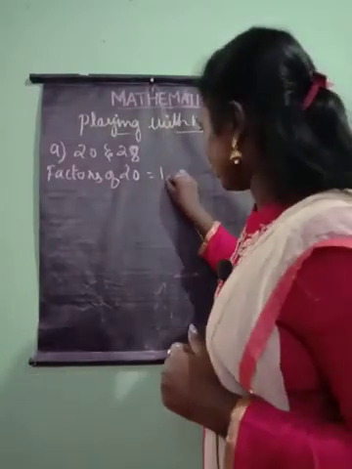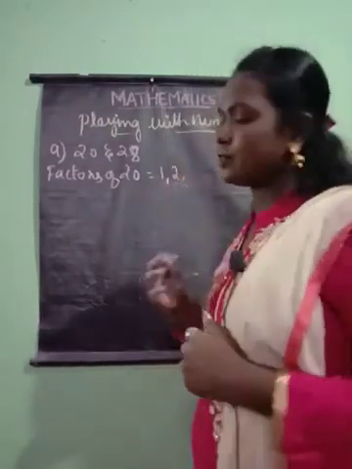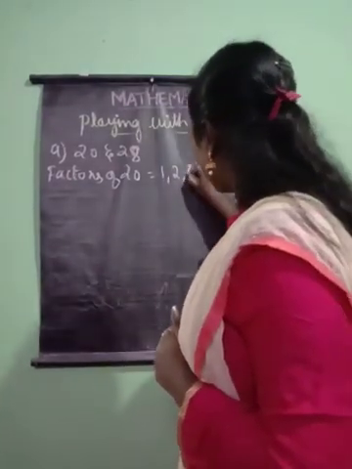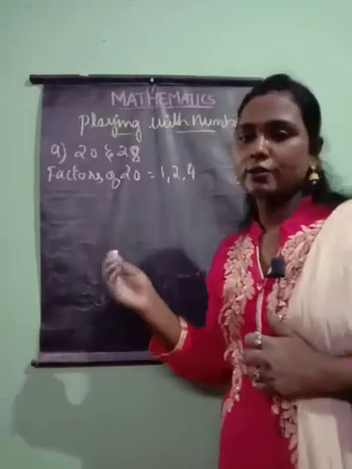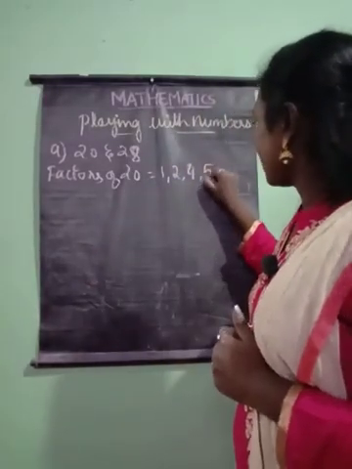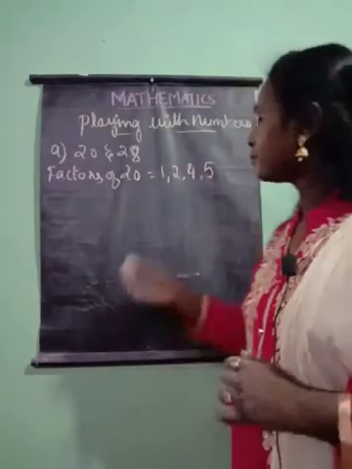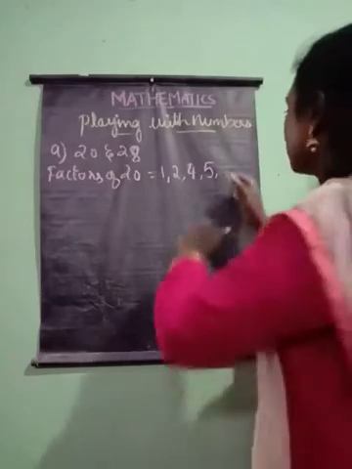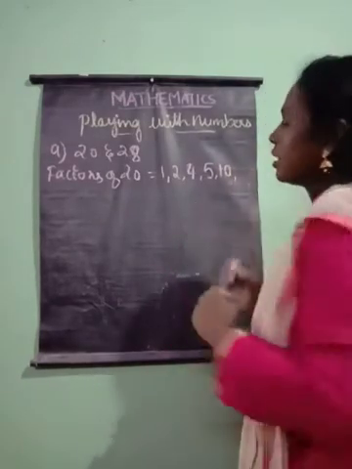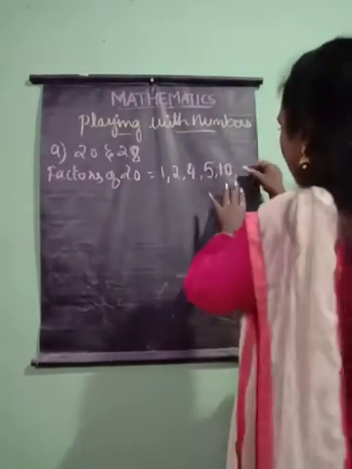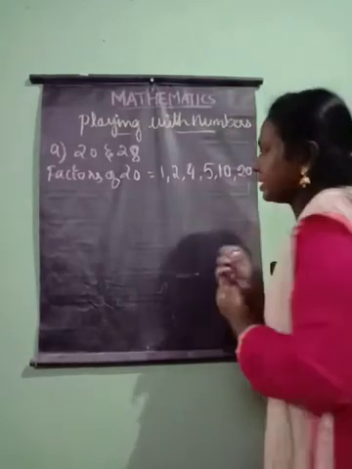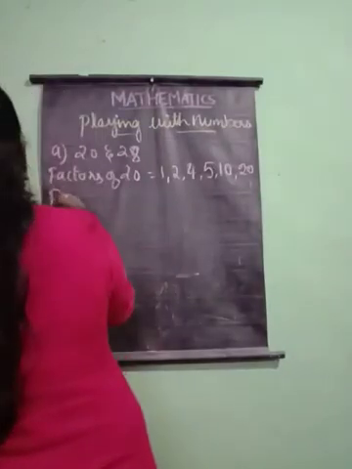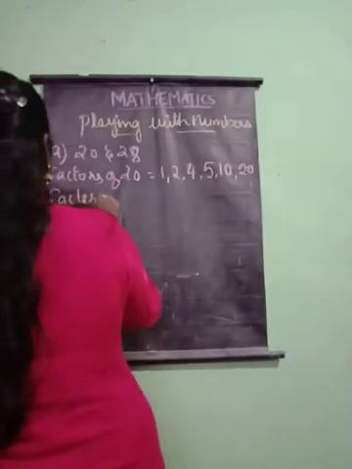So in 1, 2, as we know 2 tens are 20, not 3, 4, 4 fives are 20, again 5, as 5 fours are 20, not in 6, not in 7, not in 8 also, 10, 10 twos are 20, again 20 ones are 20. These are all the factors of 20.